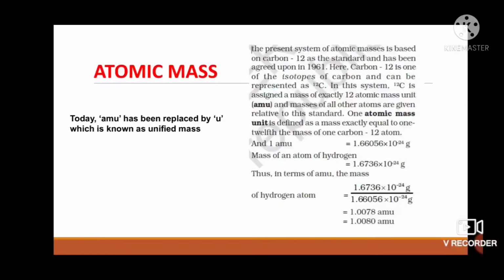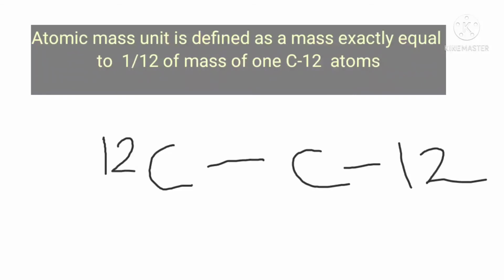However, the present system of atomic masses is based on carbon-12 as the standard. All other masses are determined relative to the carbon-12 isotope. Carbon-12 is one of the isotopes of carbon and it is represented by C12. The International Union of Pure and Applied Chemistry accepted this scale for expressing atomic and molecular masses in 1961.